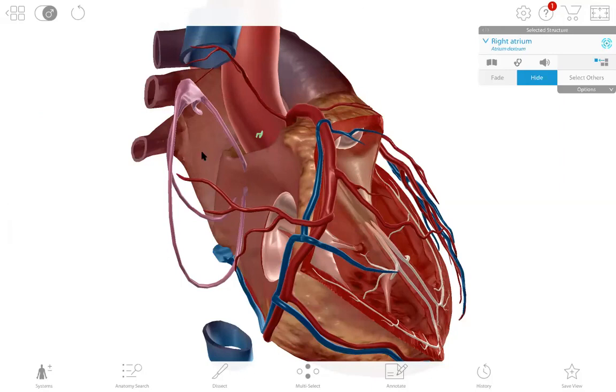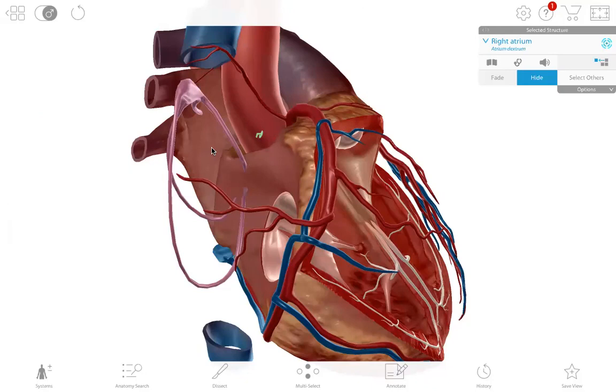So the saucer-like depression is called fossa ovale, and its rim is called limbus fossa ovalis. The fossa ovale is from septum primum and its rim is from septum secundum. In embryology they will mention this to you. I mentioned this important landmark because if it remains slightly open, I will have a clinical condition called atrial septal defect, ASD, which is a congenital anomaly.